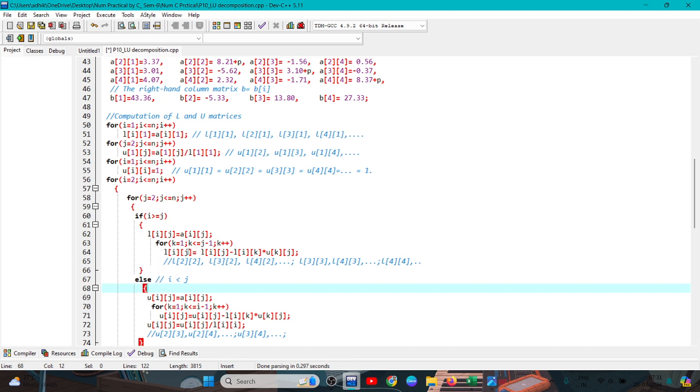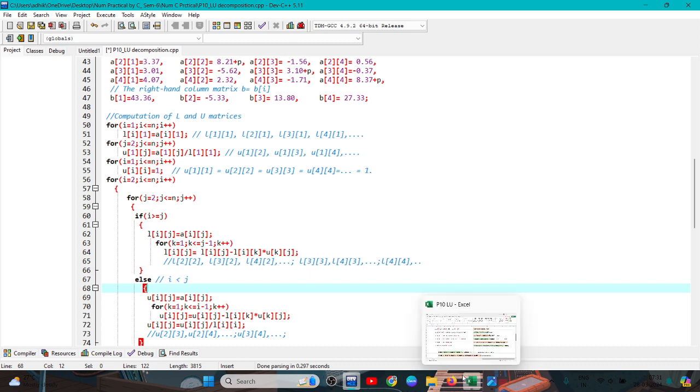So L22 equal to L22 minus L21, and k runs up to j minus 1. Here j equal to 2, so j minus 1 is 1, so k runs only for k equal to 1. Only one step here: L22 equal to L22 minus L21 into U12.